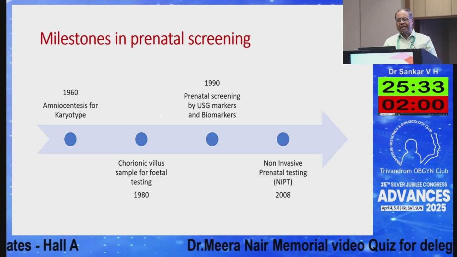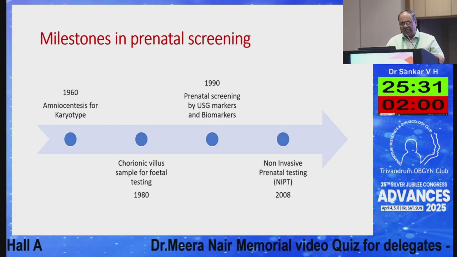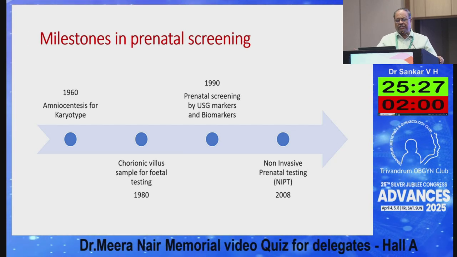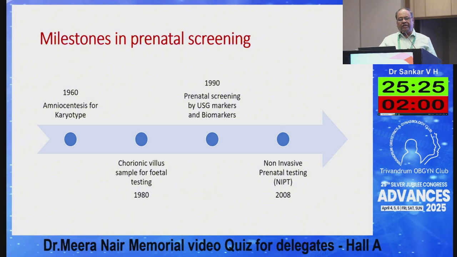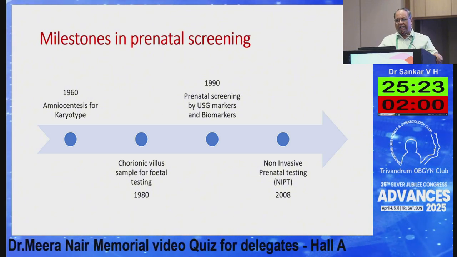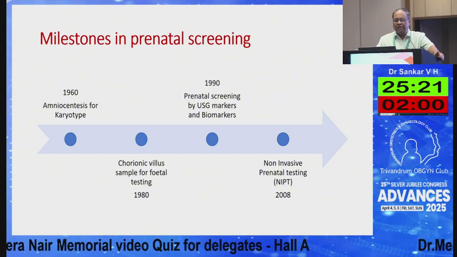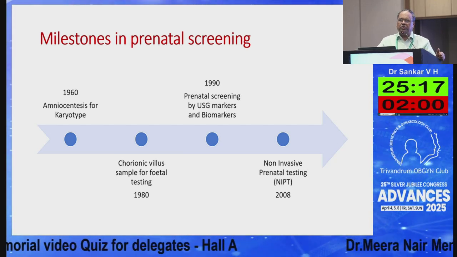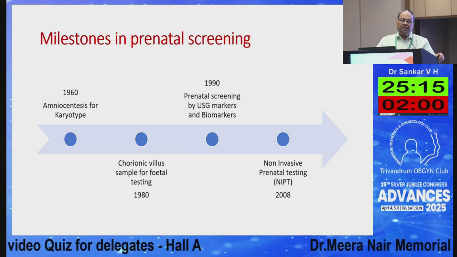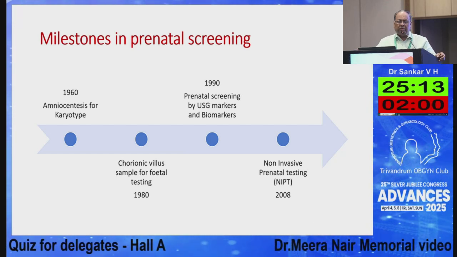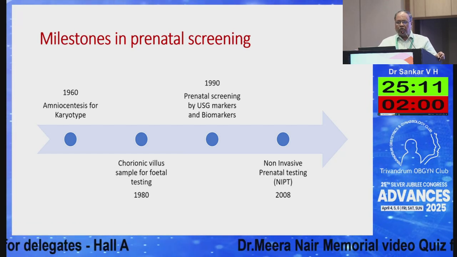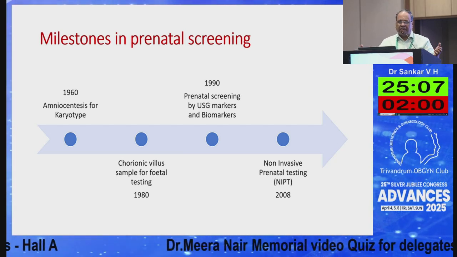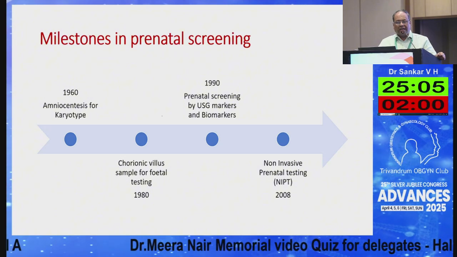If you take the major milestones in prenatal screening, prenatal screening started later, but prenatal diagnosis started in the 1960s when amniocentesis was done for karyotype to diagnose Down syndrome. Then chorionic villus sampling in the 1980s. But later people understood that we may not be able to do this invasive testing for every pregnancy. So we should have a screening method to screen some of the high-risk pregnancies where we will do the invasive diagnostic test.